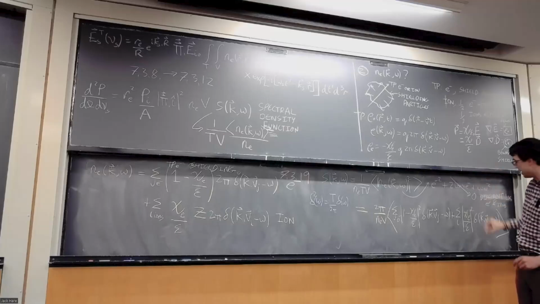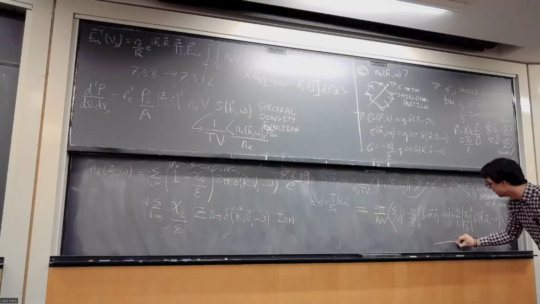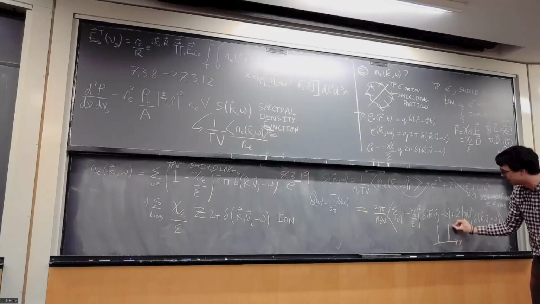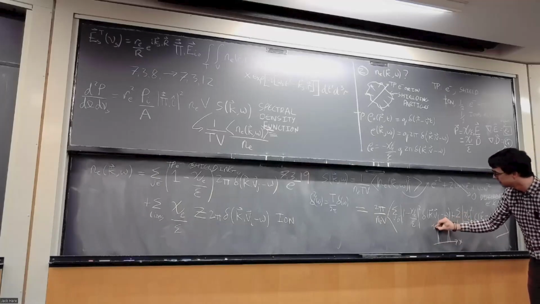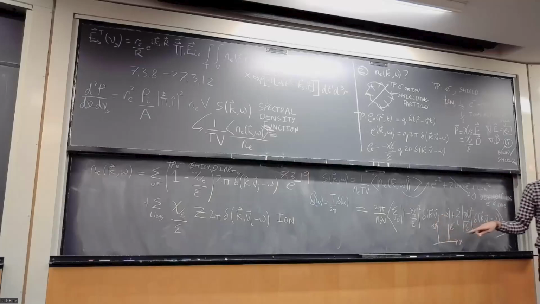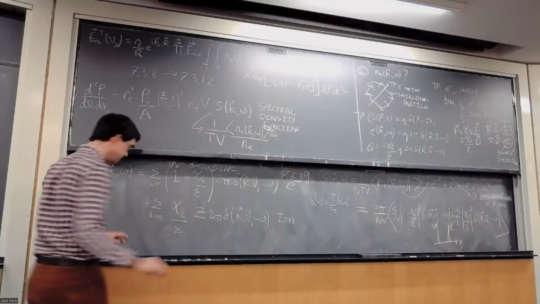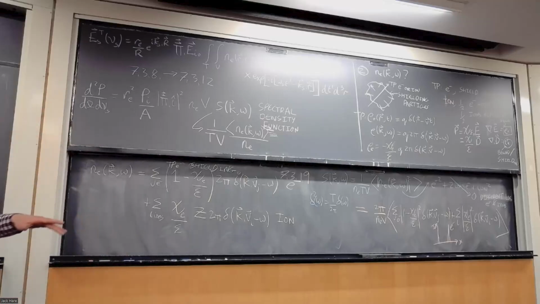If I did a little diagram of some x coordinate here, I might have an ion here, and I might have an electron here. But those delta functions will not overlap in general. Okay. Any other questions?